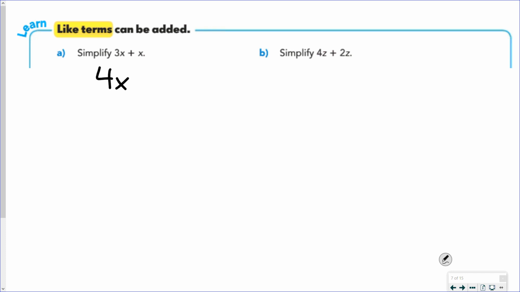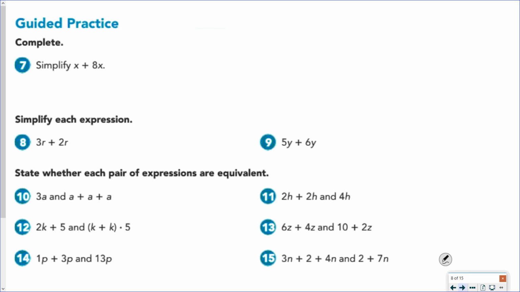If you have 4 z's and somebody gives you 2 z's, you would have 6 z's. If we were to simplify x plus 8x, you would get 9x. 3r plus 2r would be 5r, and then 5y plus 6y is 11y.